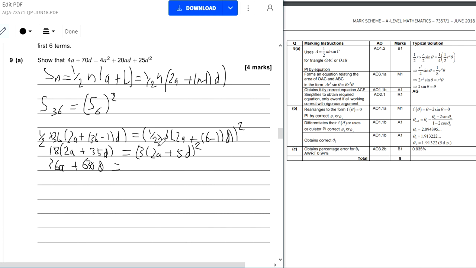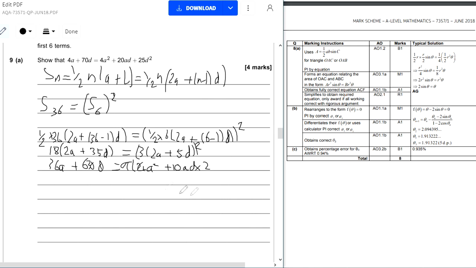equals 3 squared is 9, times (2a plus 5d) squared, which is 4a squared plus 10ad times 2 because it's twice. So in case you don't know what I'm doing there, I'm squaring this out. 3 squared is 9. Then I'm squaring this using the binomial expansion.